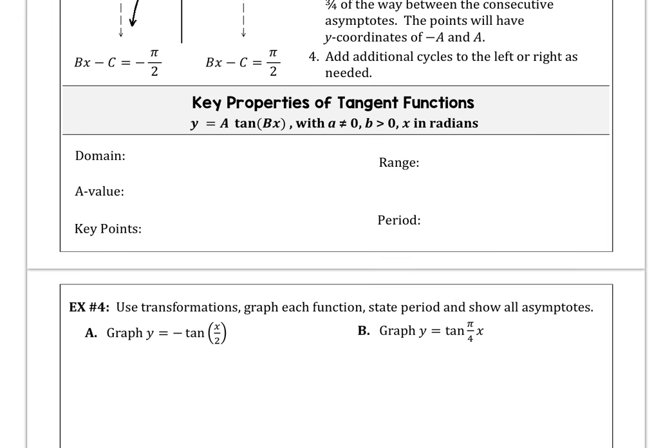And just to refresh our mind about the key properties for the tangent function, the domain is bx plus c can't be 0. The a value is our vertical dilation. It's a stretch factor or a shrink factor depending on the size of the a value.